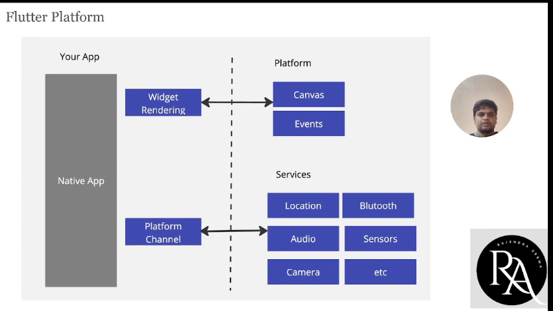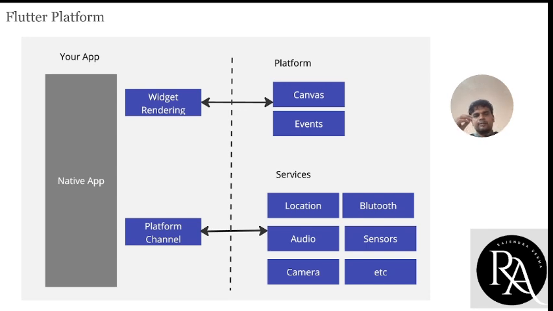What will the Flutter app do? With the help of widgets, it will render the widget into the canvas of the platform, and the widget will emit and receive the events directly.